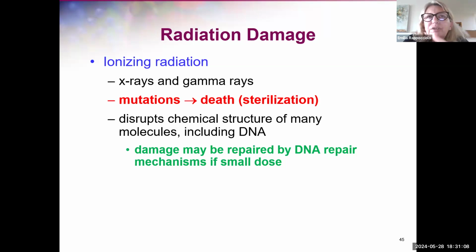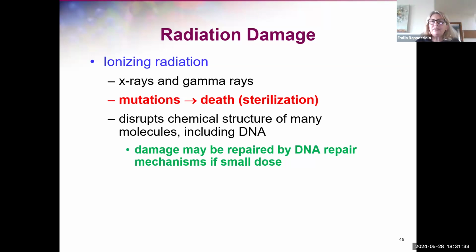Any of these materials that need to be cleaned but are delicate at the same time can be sterilized using X-rays and gamma rays. And they disrupt the chemical structure of many molecules, including DNA. Some bacteria also are adapted to dealing with this problem.